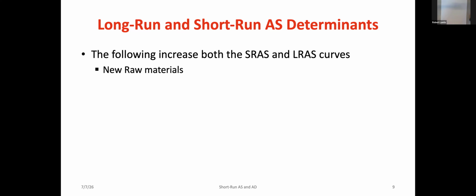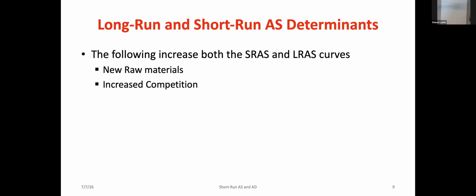So it increased the productivity of our workers because they now have this new raw material that allows them to make these products more effectively than before. Increased levels of competition are once again something in this other category. When we have higher levels of competition, firms want to make sure people are purchasing their products, so they increase the overall level of production.